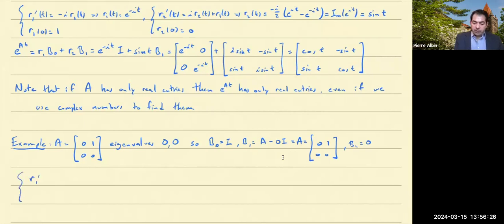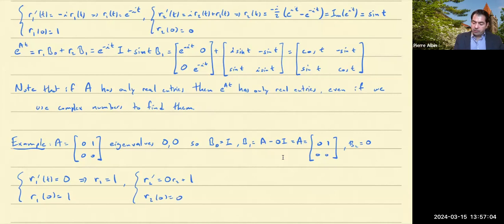For the coefficient functions, R1 prime of t should be equal to 0 times R1, and that's just 0, with initial condition that it's equal to 1 at 0. So derivative equal to 0 means that it's a constant. If the constant at time 0 is equal to 1, that means that the function is identically equal to 1. Our second coefficient function satisfies R2 prime equals 0 times R2 plus R1, with R2 of 0 equal to 0.